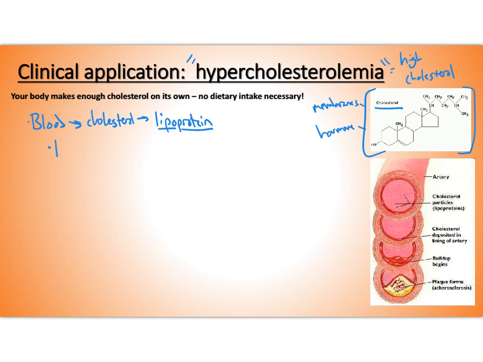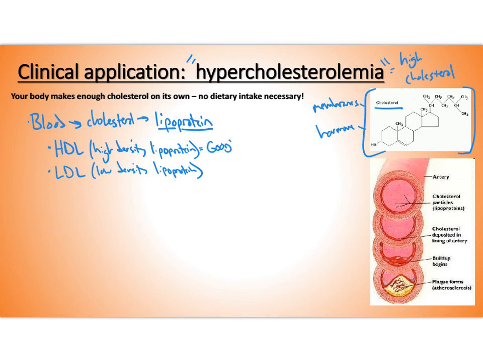The first one is HDL, which stands for high density lipoprotein. And the second one is called LDL, which stands for low density lipoprotein. Now, you maybe have heard of good cholesterol and bad cholesterol before. HDL is referred to as good cholesterol, and LDL is referred to as bad cholesterol.